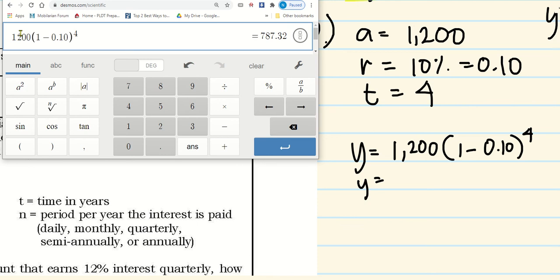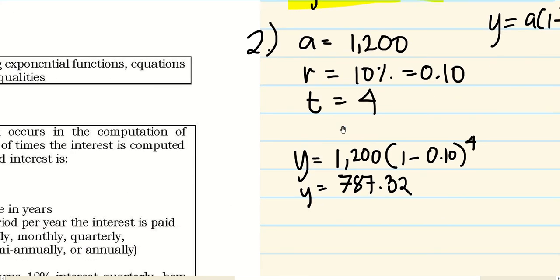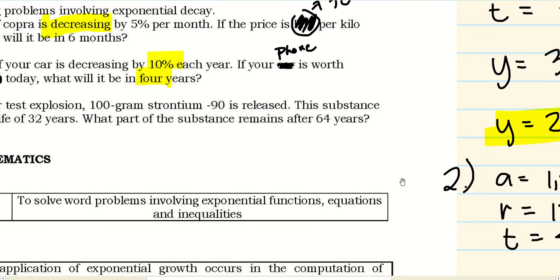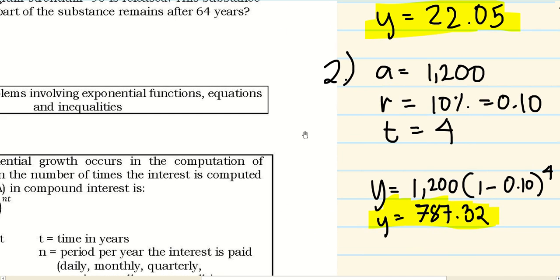That gives 787.32. Since we're talking about money, it will be 787. So from 1,200, it goes down to 787.